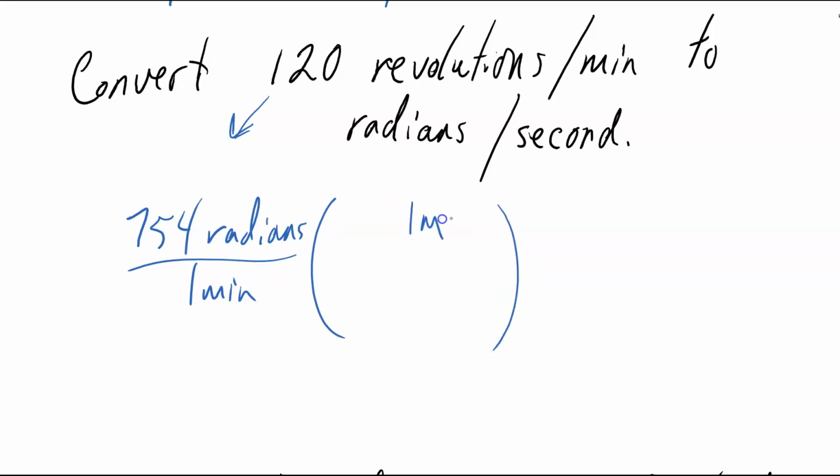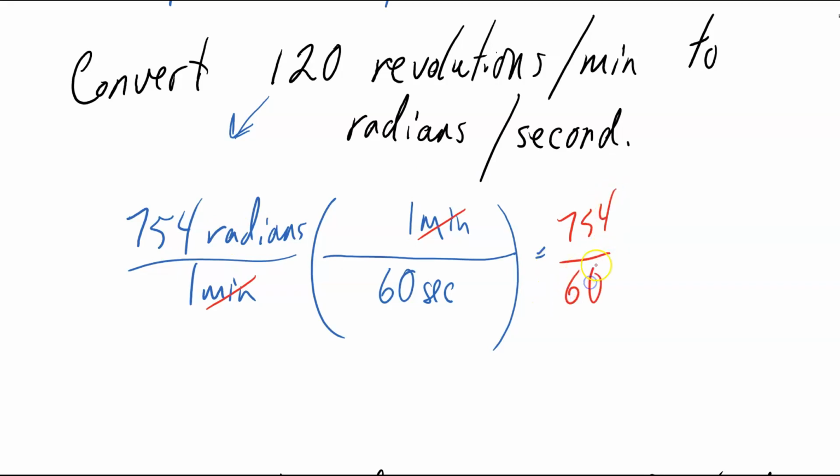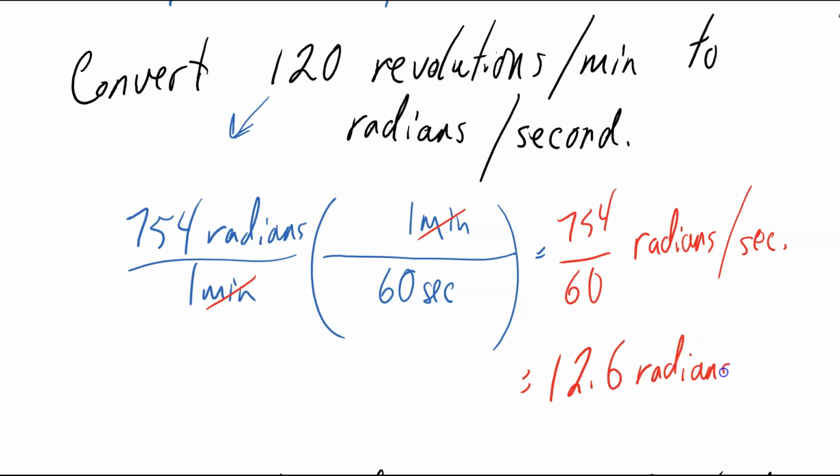One minute is 60 seconds, so we do our division: 754 over 60, because this is going to cancel minutes and put it into radians per second. 754 divided by 60 gives us 12.6 radians per second.